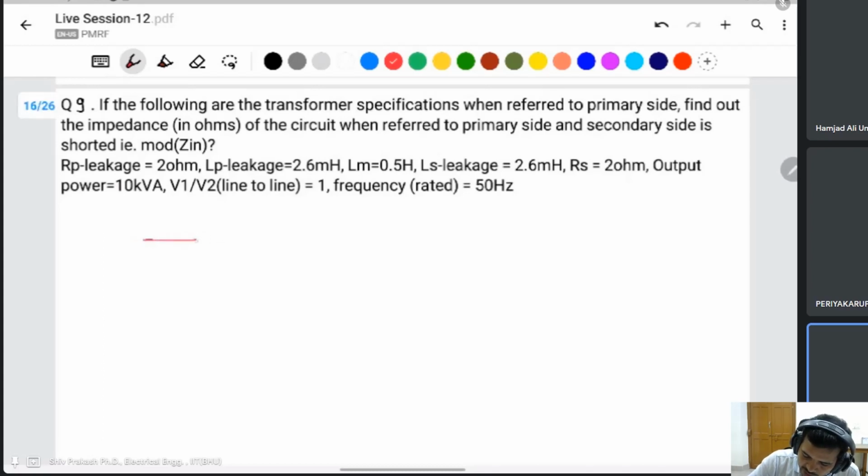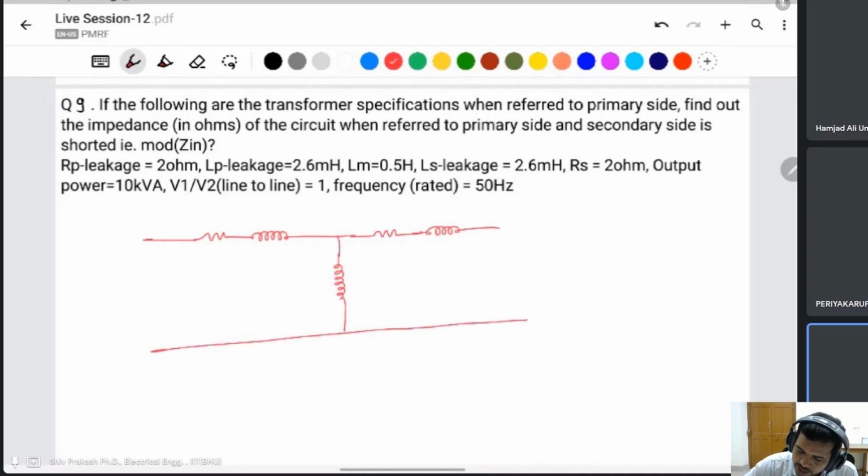The referred values are primary resistance, primary leakage inductance, secondary resistance and secondary leakage inductance. This is the magnetizing inductance, reactance or inductance, anyone given in the question.